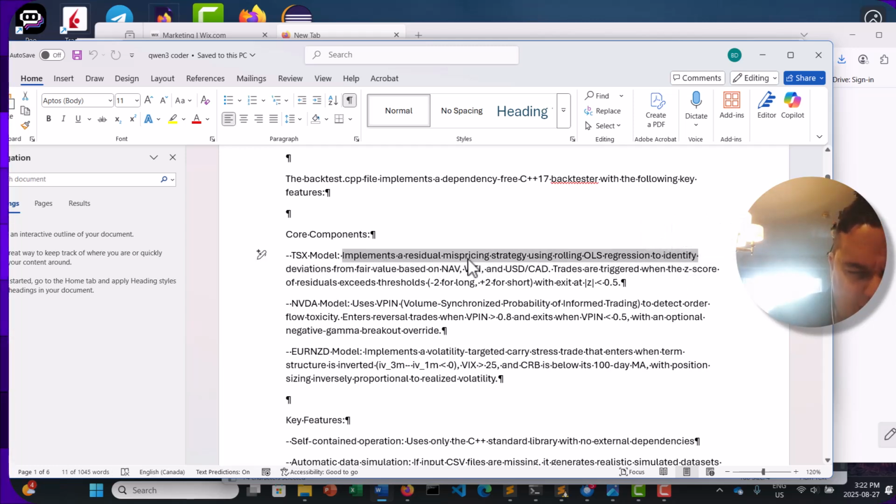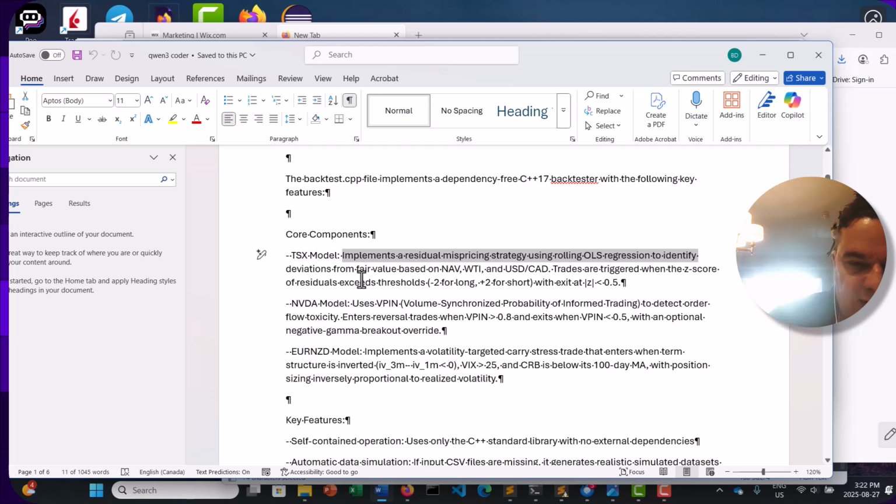So it implements a residual mispricing strategy using rolling OLS regression to identify deviations from fair value on the same sources as the other one. And they're two separate LLM models. WTI and USD/CAD. So these are the big things out of Canada, oil, WTI, and USD/CAD. The forex trade.